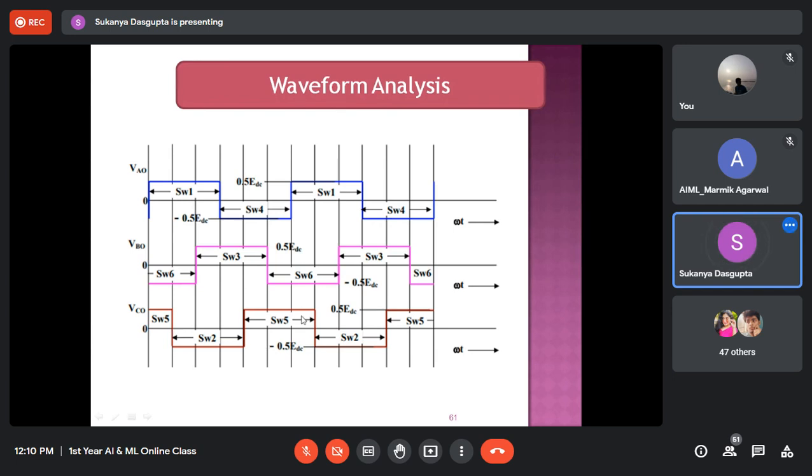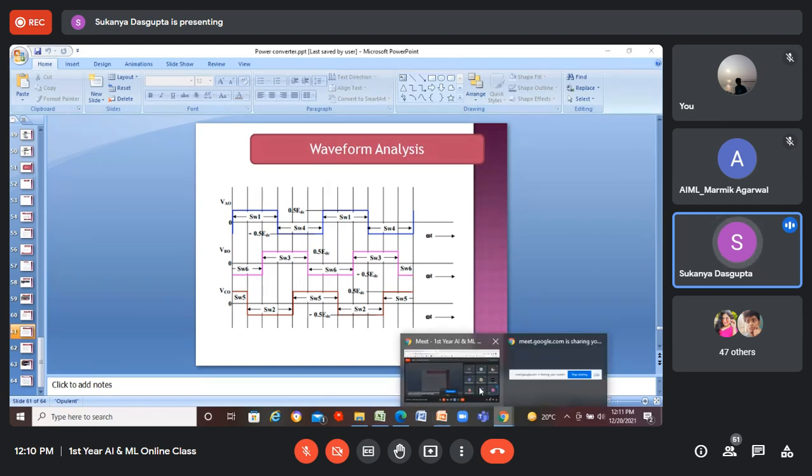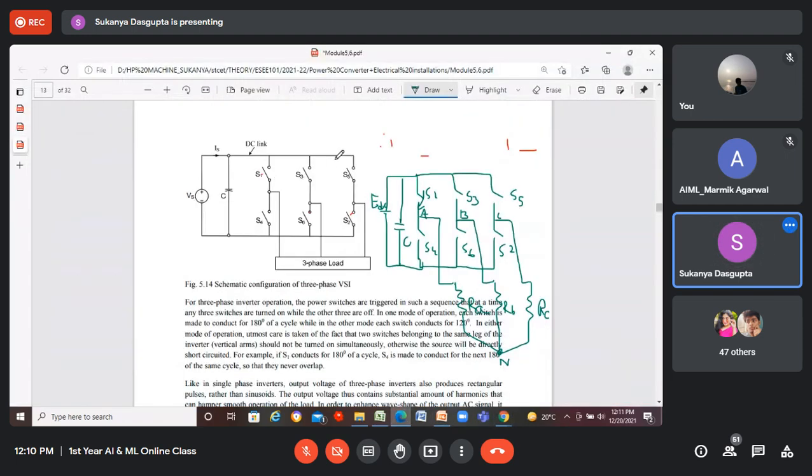That means current is also flowing through this switch for that small period, this source current IS, because both these two switches are now closed for that small interval, the first 60-degree interval. Am I clear to everyone?